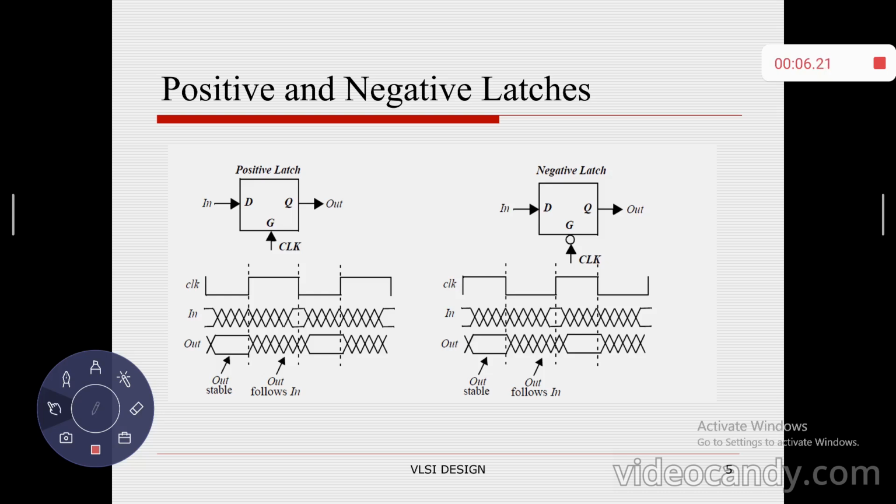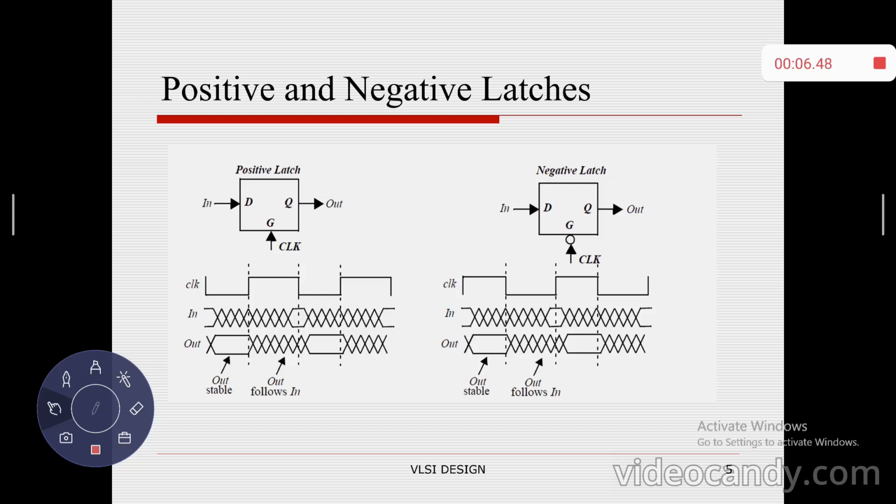If you look at the timing waveform, both the positive and negative latch are under the control of a clock signal. In the positive latch, from the timing diagram, the first waveform indicates the clock signal connected to the positive latch. The output follows the input only during the logic 1 time interval, whereas during the logic 0 time interval the output becomes stable. This is the basic principle of a positive latch.